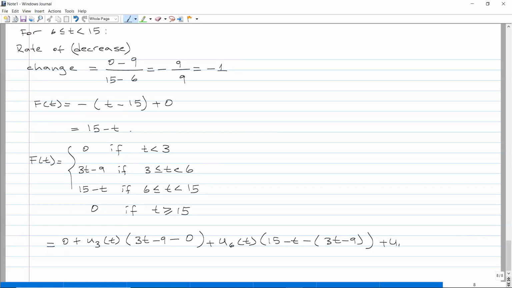And plus u15. The function for t greater than 15 is 0, minus the function for t less than 15, 15 minus t.